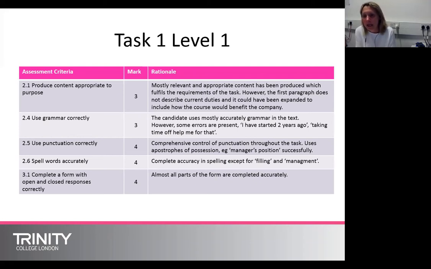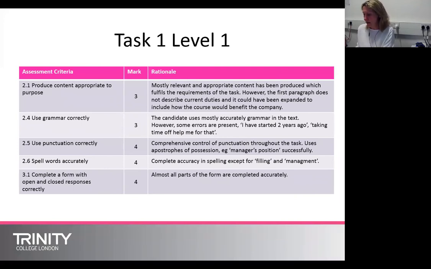However, if you look, there are 3 parts in that task, in that form, and the first paragraph does not describe the current duties. And this is what the candidates were asked to do. Please give a brief description of your current duties, and that's not what this candidate has done. So it is mostly relevant.